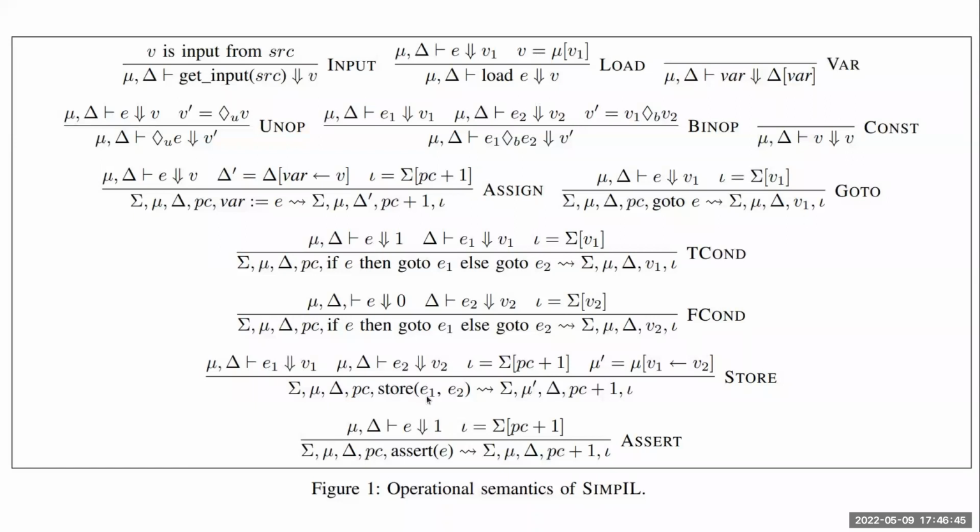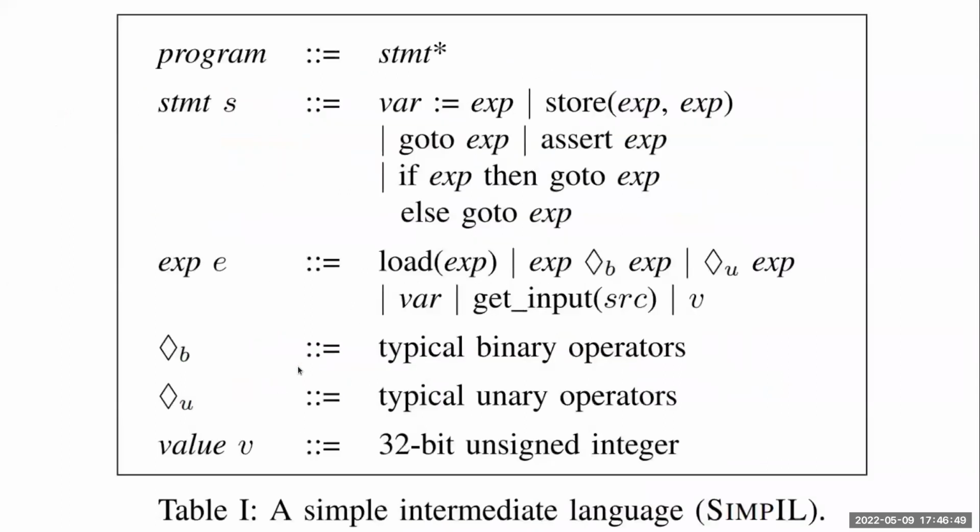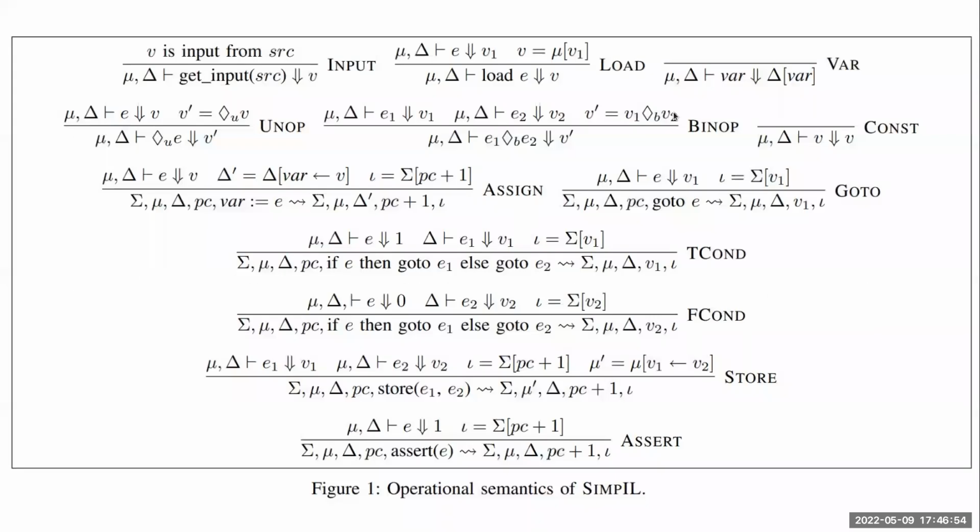Let's say mu is a memory. So memory will be updated. So V2 will be updated to V1. So that's a store.